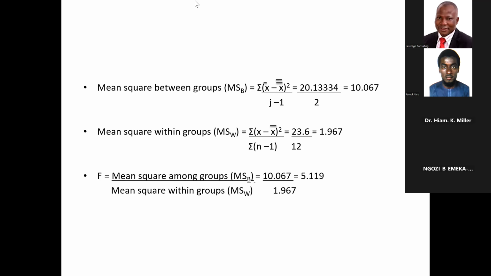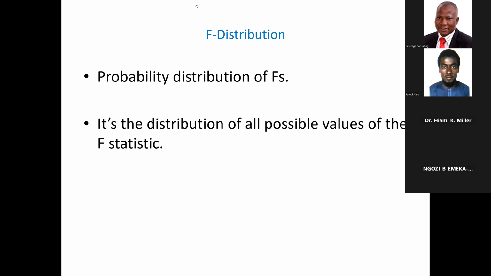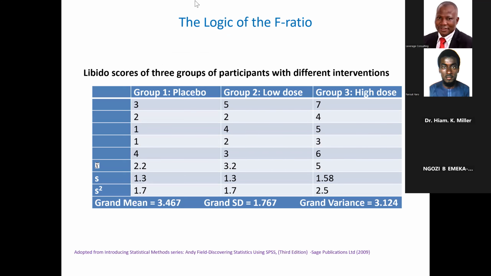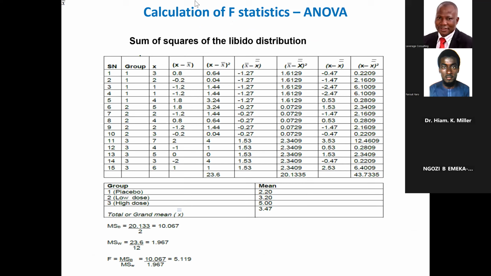So when you now put this 10.067 over 1.967, it gives you 5.119, which is the F. So imagine you put this first formula over the second formula, that's ANOVA. That's it. There's no big deal there. That's the explanation.